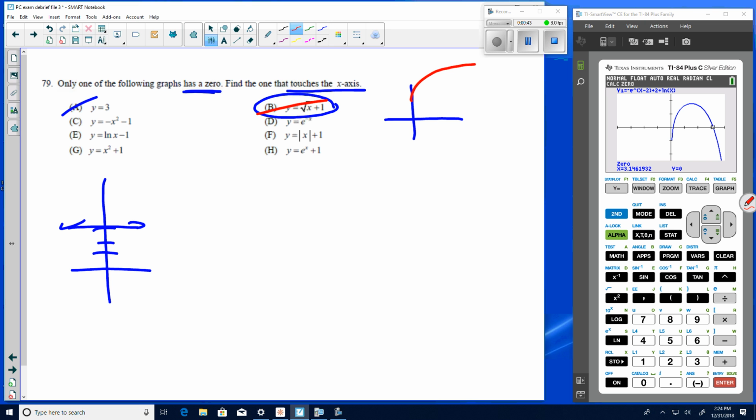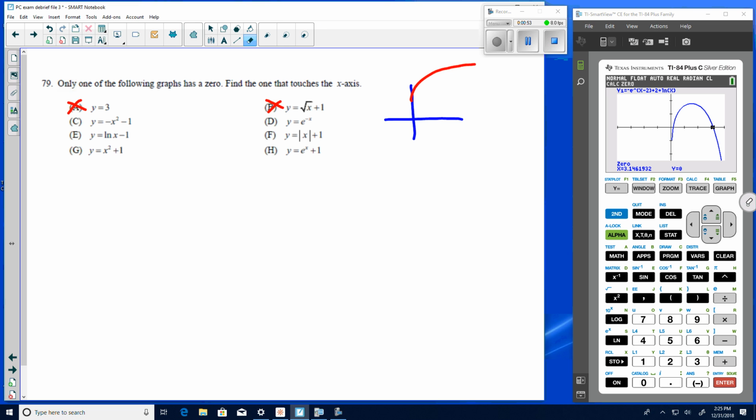This is an upside down parabola, but it's shifted down 1 unit. So let's get a little sketch of that going. Most of these you can just do in your head. Y equals minus x squared is this graph right here.